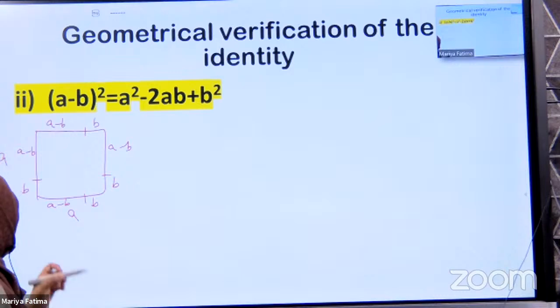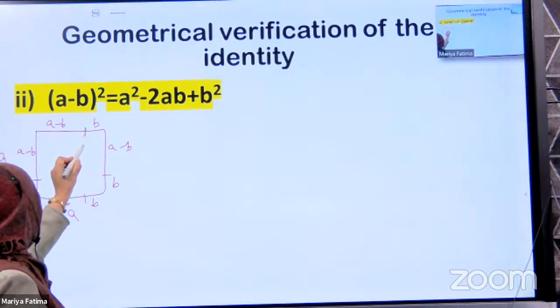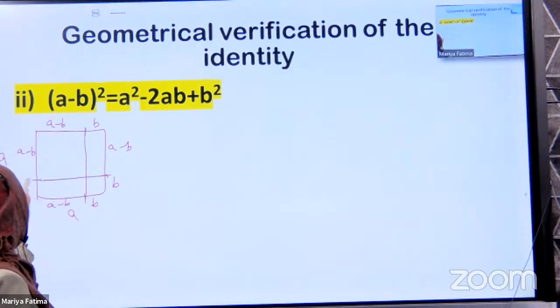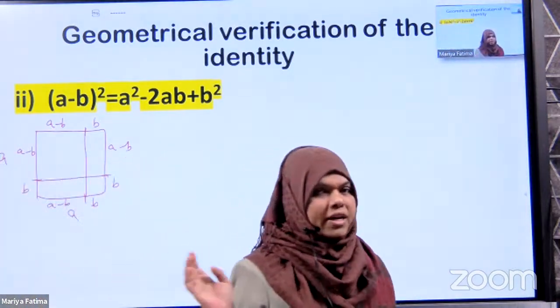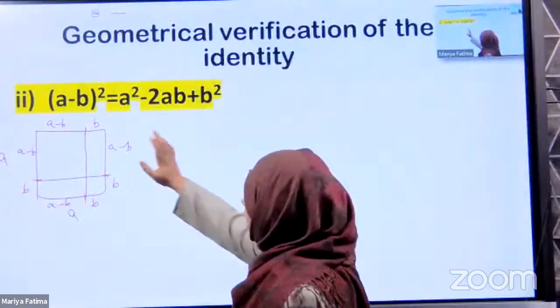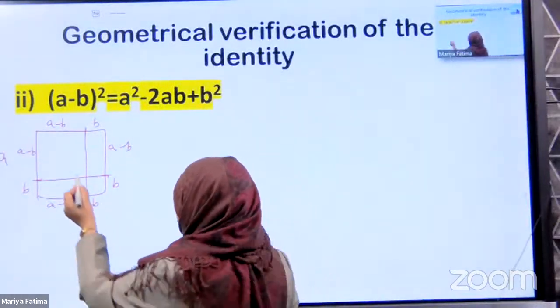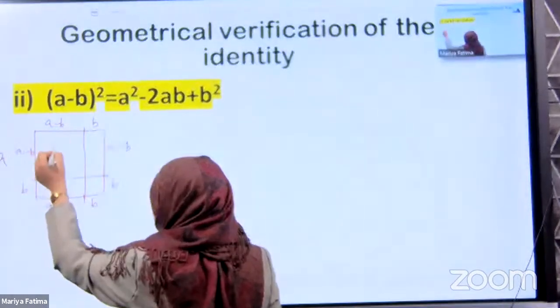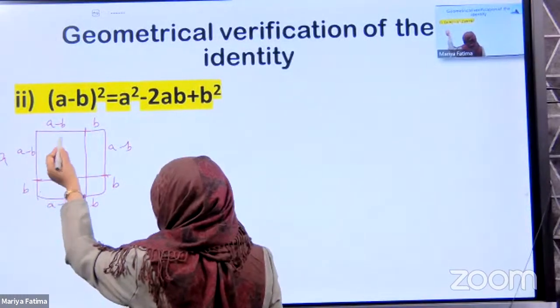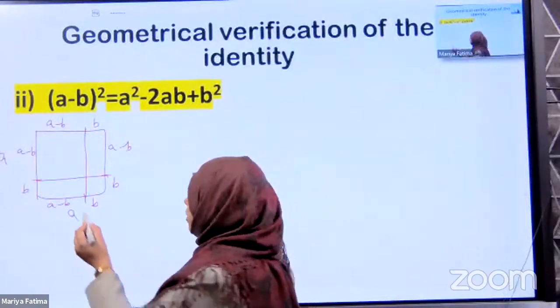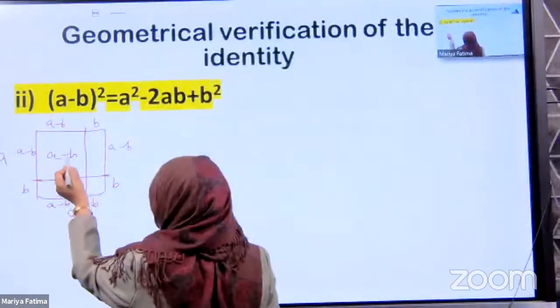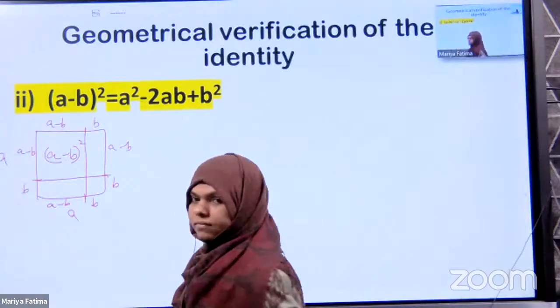Okay. Now we can make the squares and rectangles. Now we have to find out the area of this square. What will be the area of this square? If the side is a minus b and a minus b, then it will be a minus b whole square.